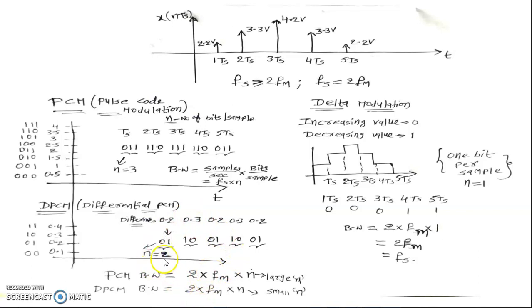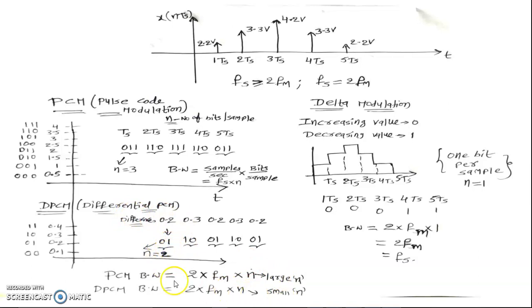So the bandwidth is equal to Fs, the samples per second, into how many bits you require for each sample. The sampling rate is nothing but 2 FM, so 2 FM is the sampling frequency, in samples per second, into n. For PCM we are using n equal to 3, so n is large here. For DPCM we are using n equal to 2, so n is small.